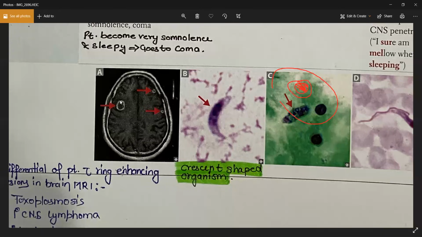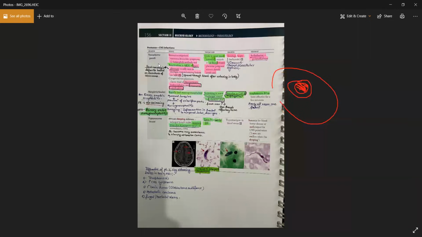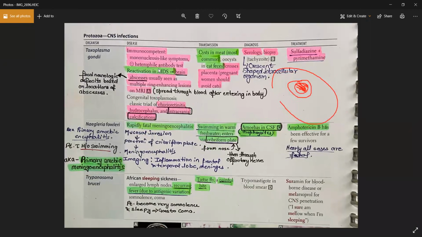These are the ring enhancing lesions, as you can see. This is the central hollow part, which includes the abscessed area, and these are the reactions just encasing this abscess, seen as hyperdense regions. So this is a ring enhancing lesion, and especially in case of Toxoplasma gondii, you will get multiple ring enhancing lesions in the brain.